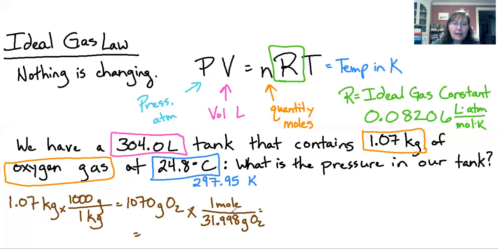Okay, and I can have 3 significant figures, and so I get 33.4 moles.